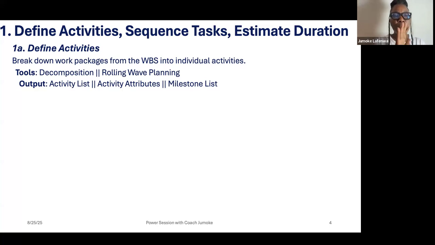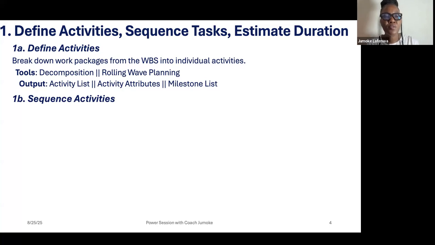All right. So this is what you do when you are defining activities. You break down, you use decomposition, you use rolling wave planning, and of course the output will be activity list and its corresponding items. So now you have your activities.